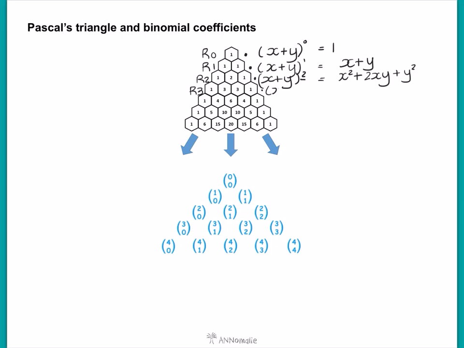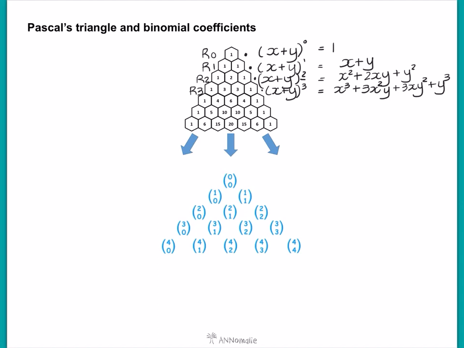So x plus y to the power of 3 will equal x cubed plus 3x squared y plus 3xy squared plus y cubed. Now, of course, you would have expanded this and multiplied it and got the exact same answer.